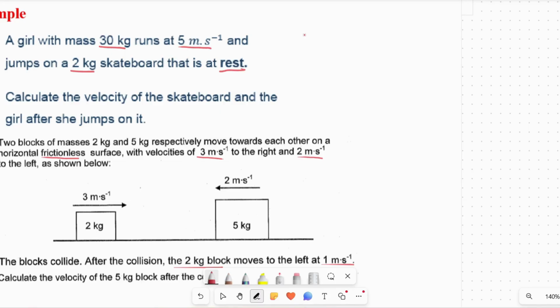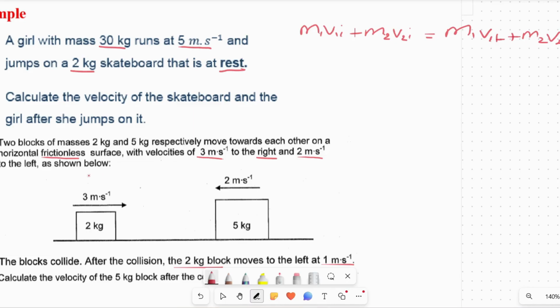It says that the momentum of object number 1 plus the momentum of object number 2 before they collide will be the same as the momentum of object number 1 after collision plus the momentum of object number 2 after collision. Now what is very important before you can do the substitution is that you must always be careful about the direction here, because they specify the direction.